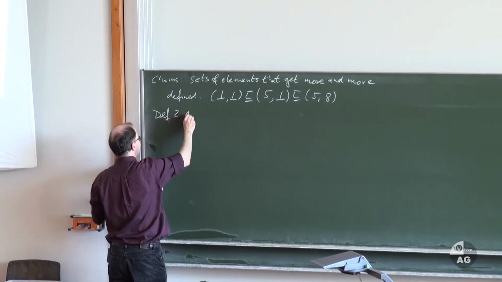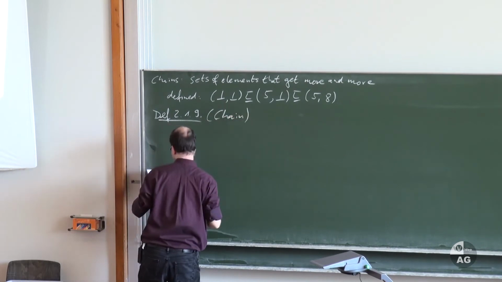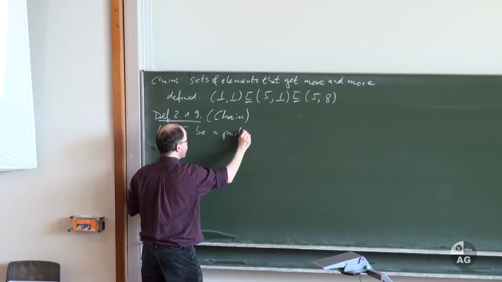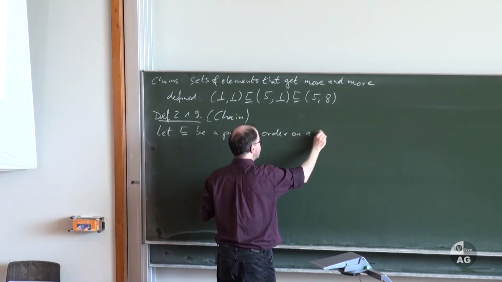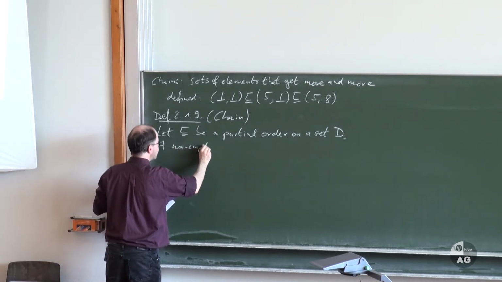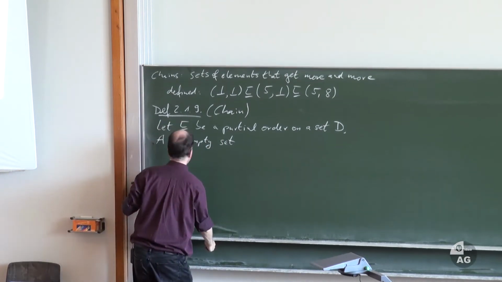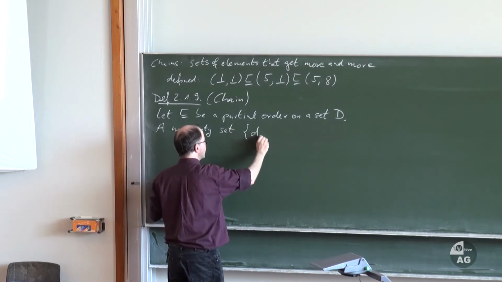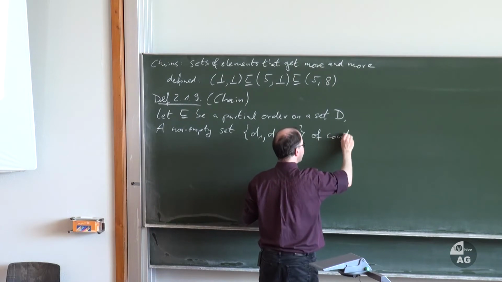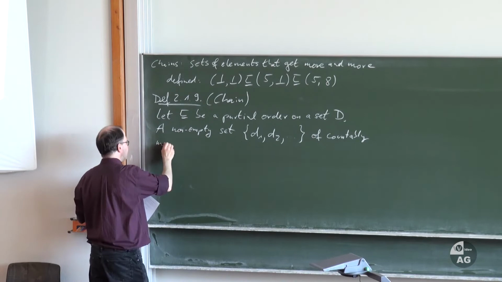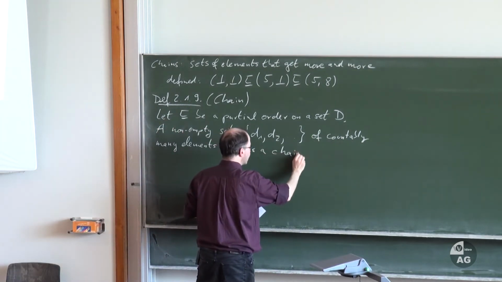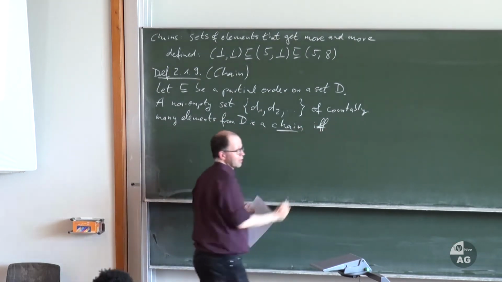So the definition of a chain is as follows. We have some partial order on some set D. Then we say that a non-empty set D1 to D2 and so on, and this set can be finite or infinite, of countably many, abzählbar viele in German, of countably many elements from D is called a chain, Kette in German, if and only if they can be ordered.